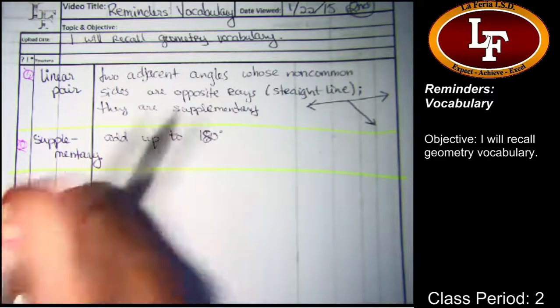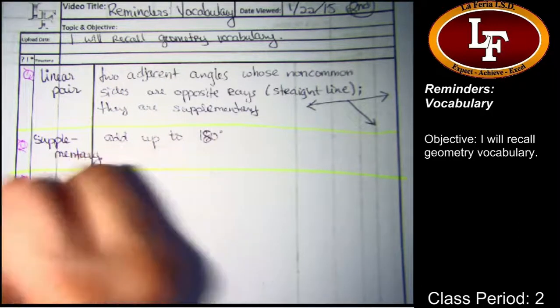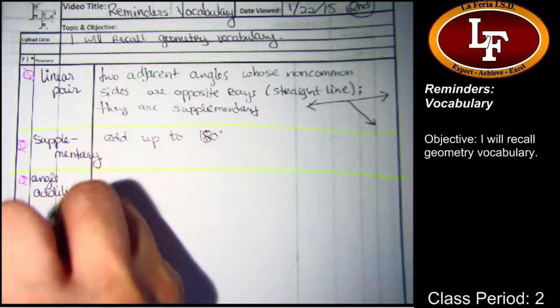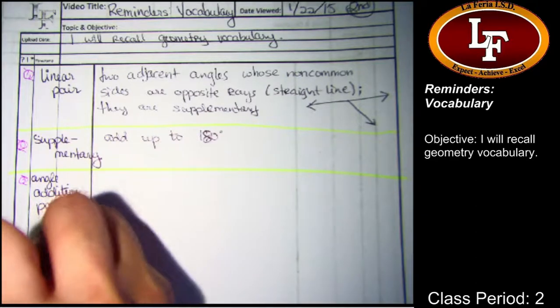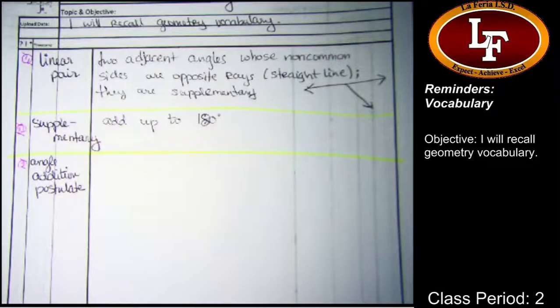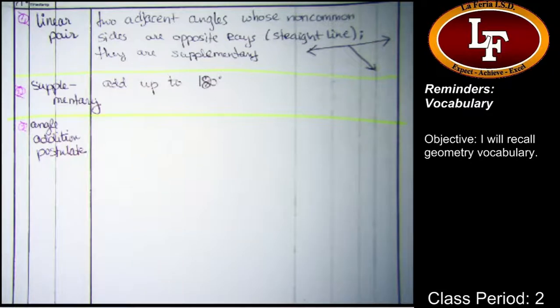Awesome. Third recall word for the day is going to be the angle addition postulate. If you have your notes from first 6 weeks, I believe that's when we talked about it. Go ahead and flip through and find that. Or if you don't have your notes, go to your phone. Look it up on Google. Let me know what you found.